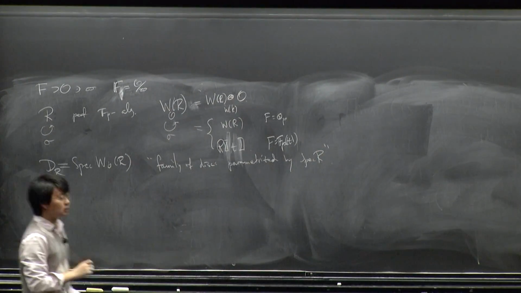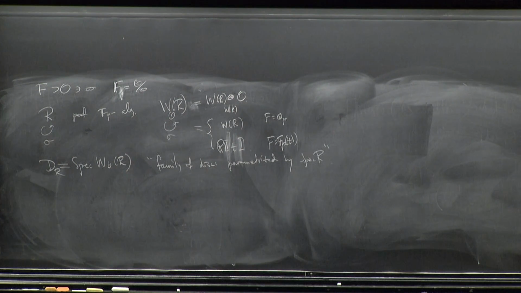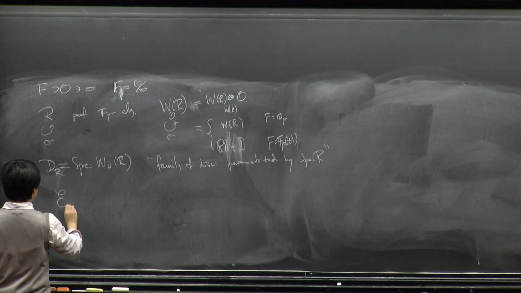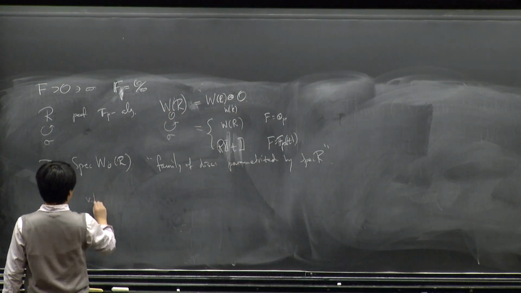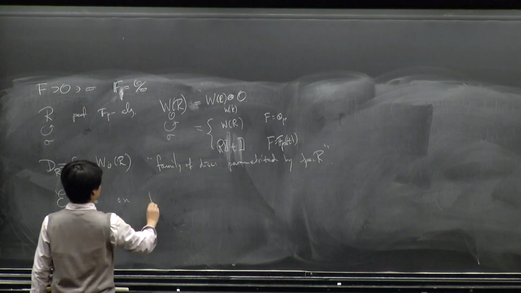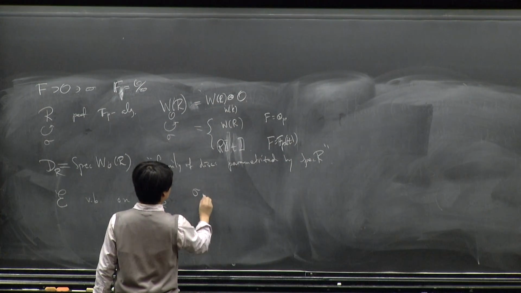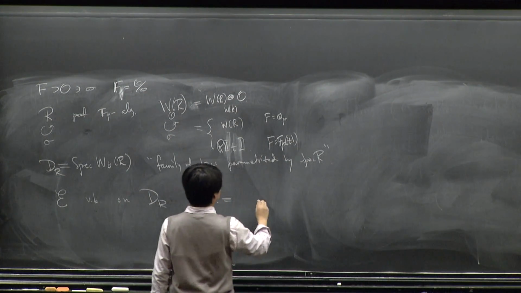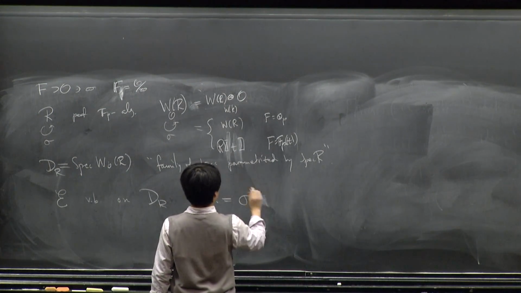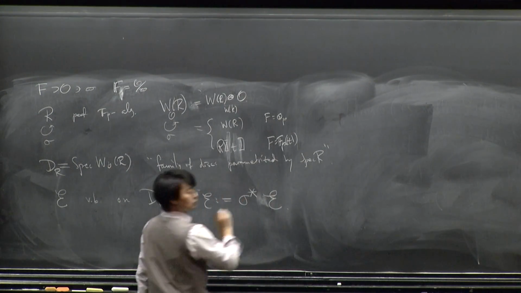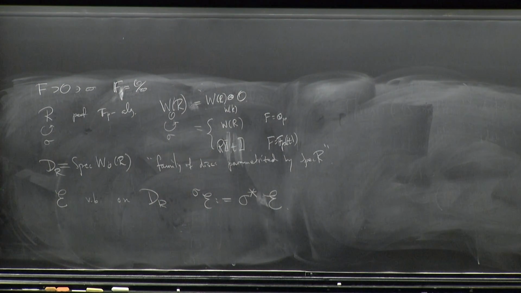If I have an E, a vector bundle on D_R, I'll denote by sigma E just its pullback along the Frobenius.